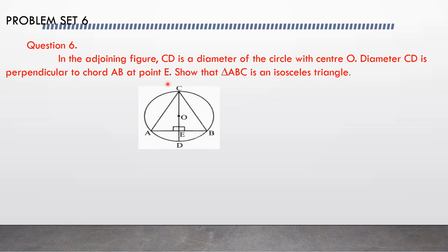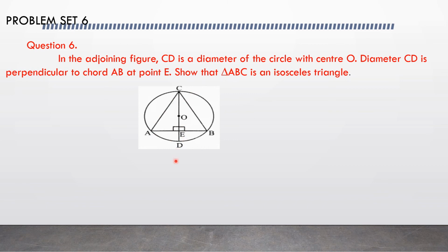In this figure, O is the center of the circle and CD is the diameter of the circle. Diameter CD is perpendicular to chord AB, is given. In this question, we have to prove that triangle ABC is an isosceles triangle. Therefore, in this figure, we have to prove that any two sides of the triangle are equal.